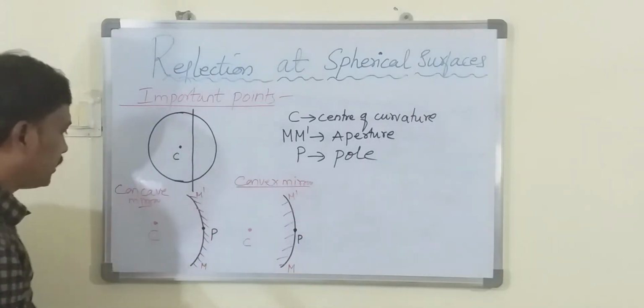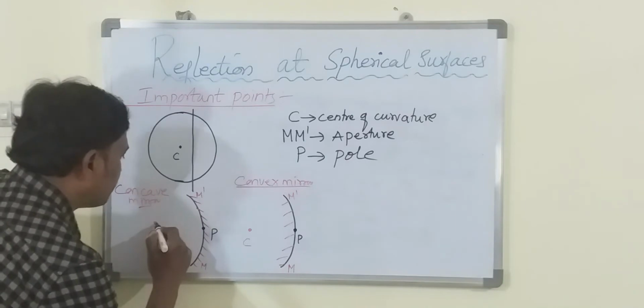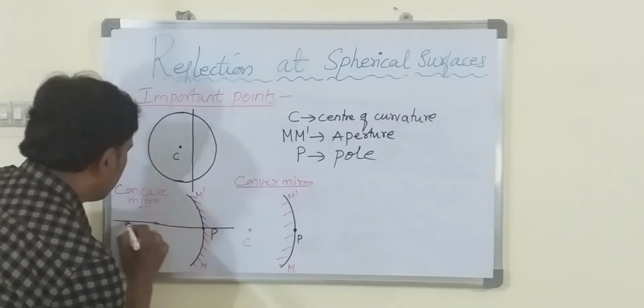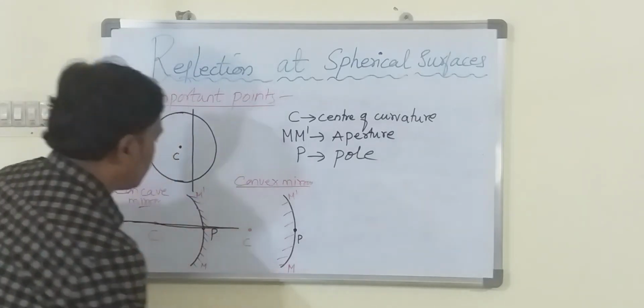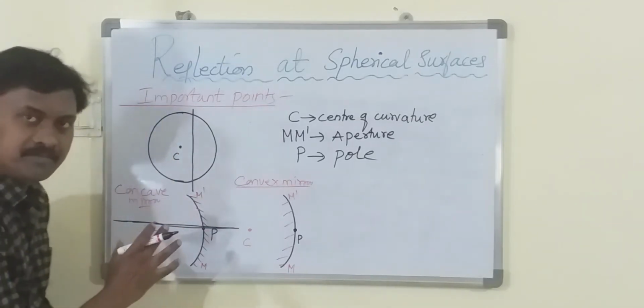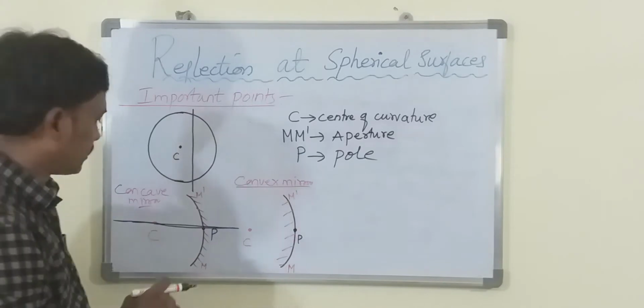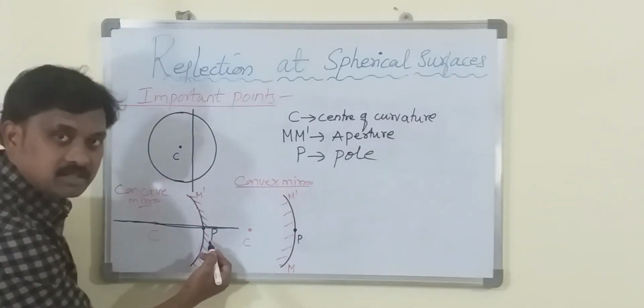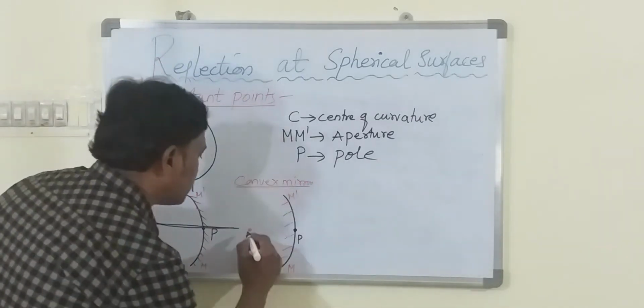Now I am joining the center of curvature and the pole and extending it on both sides. So I get one line, and you have to remember, it's an imaginary line. The line passing through the center of curvature and the pole is called the principal axis.